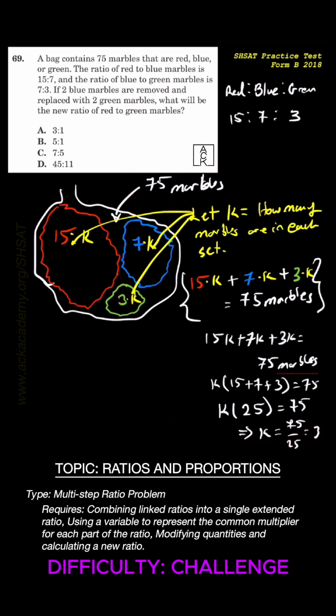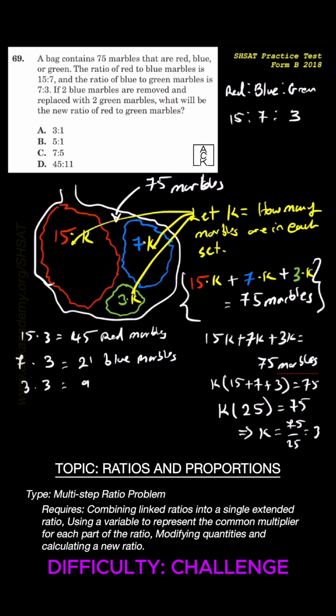So let's see. 15 times 3 equals 45, so this is saying that there's 45 red marbles. 7 times 3, 21 blue marbles. And 3 times 3, 9 green marbles. Okay.